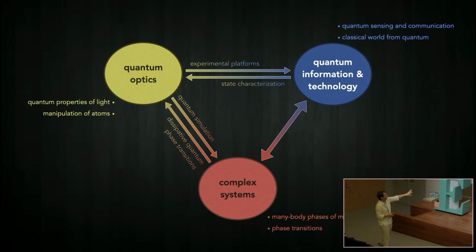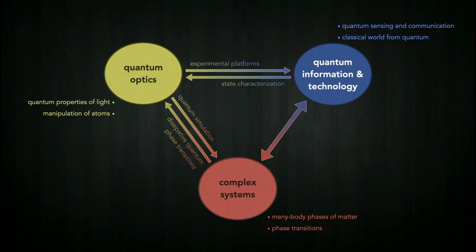But at the same time, the world of complex systems has provided us with this idea of phase transitions, of phases of matter, or many-body phases of matter, and in particular applied to quantum optics, this concept of quantum phase transitions or dissipative phase transitions that I will be focusing on today.